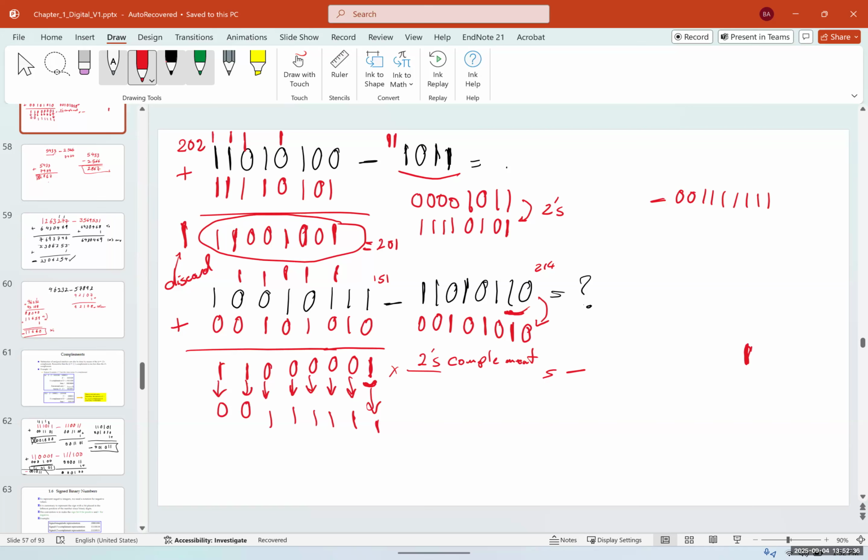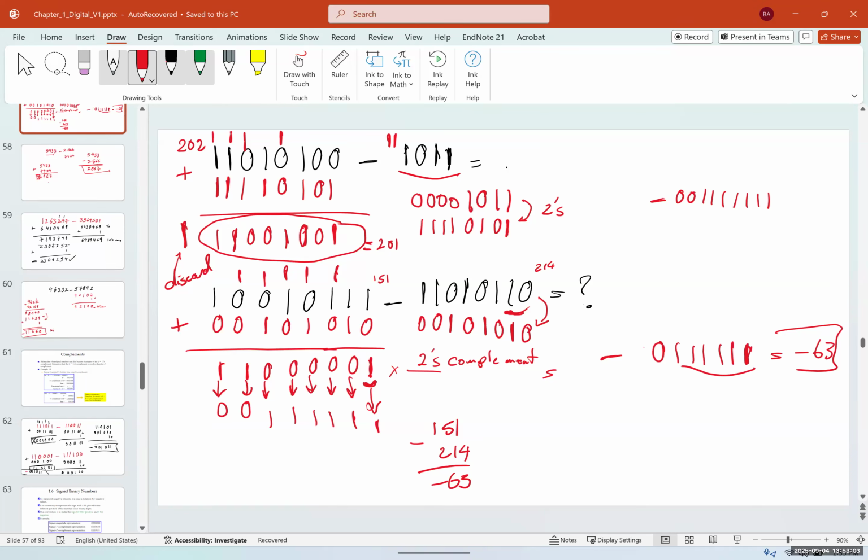So we would have 6 1s, 1, 2, 3, 4, 5, 6, and 0, 0. So 151 minus 214 gives us negative 63. And this is also equal to negative 63. If you have 6 1s, it's 63, and you have a negative in front, so negative 63.